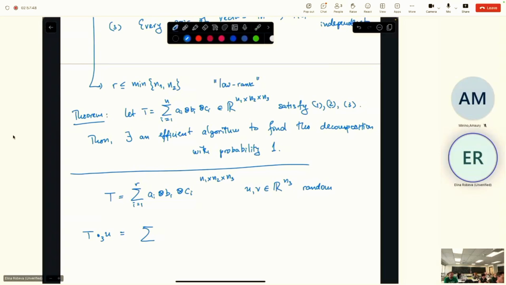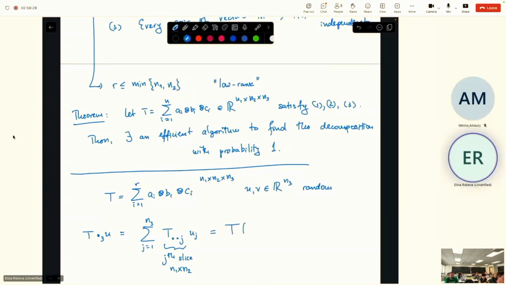So it looks like this: the sum over j from 1 to n3 of u_j times T, maybe I should switch them, so T with the j-th slice, which means the j-th slice of T times u_j. So this here is the j-th slice, so it's of size n1 by n2. Okay, so it just looks like this. If this was a matrix, you would just take M_ij times u_j, but of course now we have slicing. Okay, and another notation actually for this.